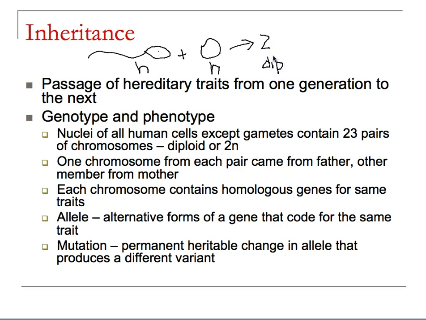Now, what that also means is that you have 23 chromosomes here, plus 23 chromosomes here. And now you actually have 46 chromosomes here, but the way it's usually referred to is 23 pair.